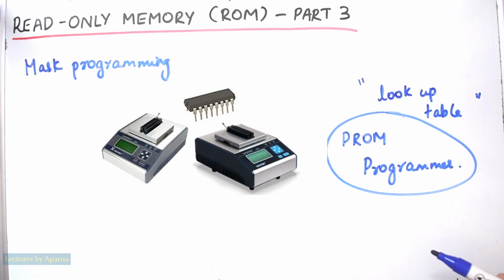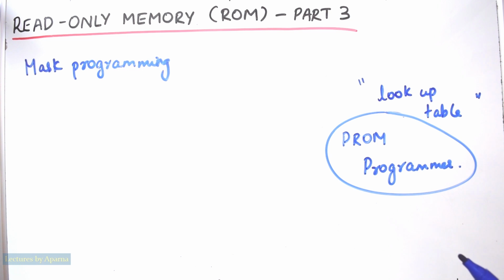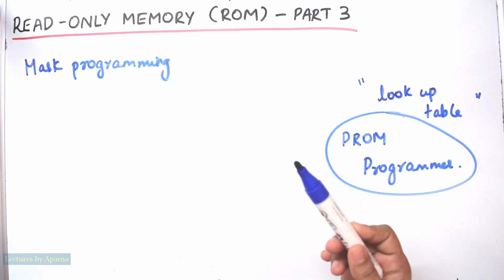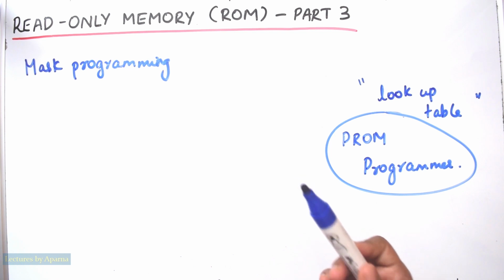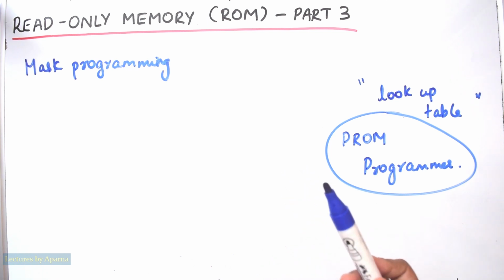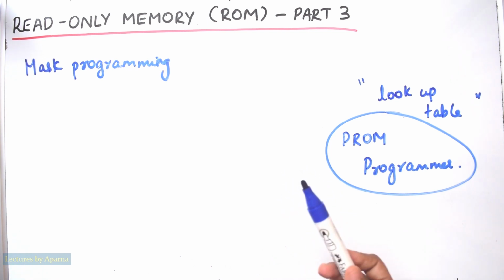Using this programming kit, the data will be burned into the IC by the programmer himself. So they are called programmable ROMs because the programmer himself can do it. He need not give it to the manufacturer for programming. But one thing to note is that this programming can be done only once. Once it is done, you cannot change it and it is permanent. So this is a programmable ROM.